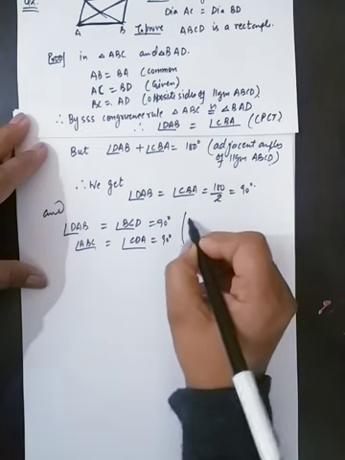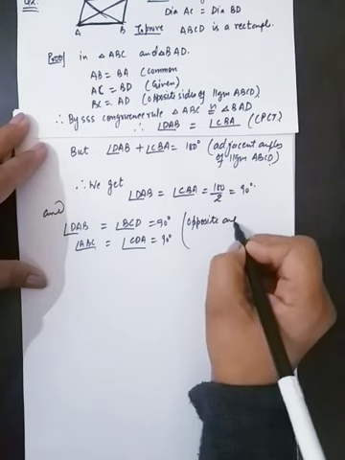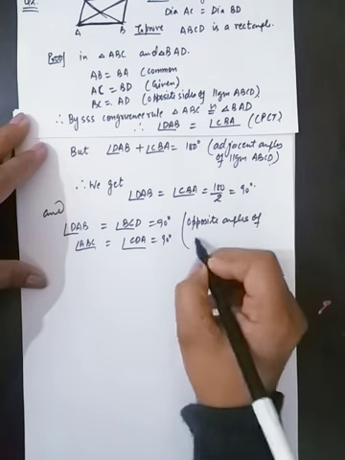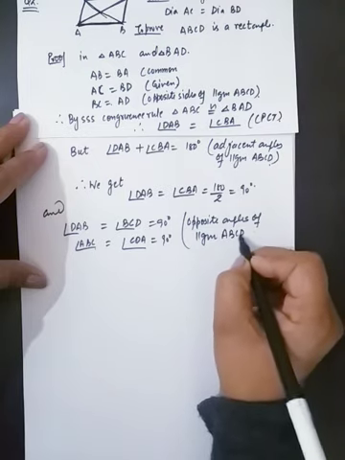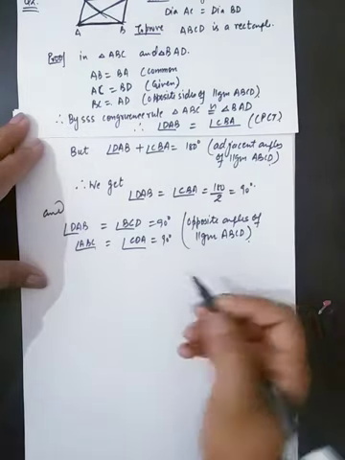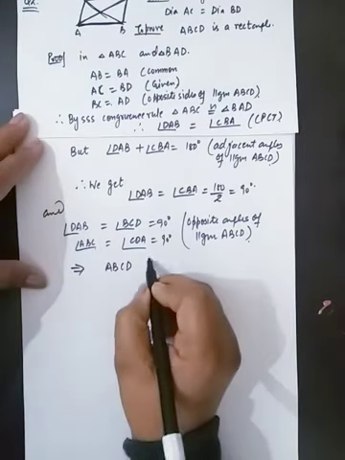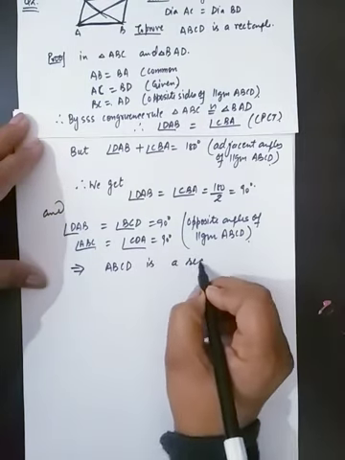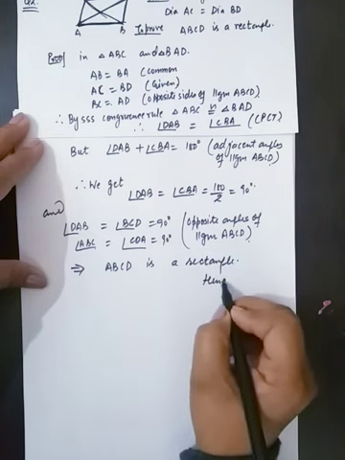Why are these two angles equal? Because these are opposite angles of parallelogram. So we get that each angle of parallelogram ABCD is of 90 degree. This gives us that ABCD is a rectangle. Hence proved.